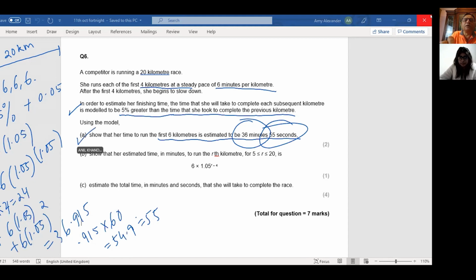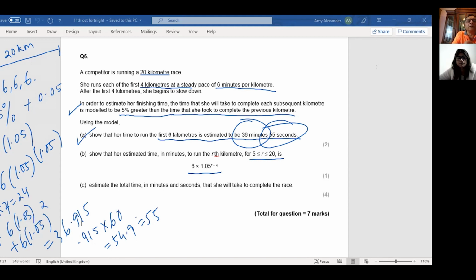Now, can we look into part B? Yeah. Show that her estimated time in minutes to run the Rth kilometer, where R is between 5 and 20, both included, is 6 times 1.05 to the power of R minus 4. Correct. So now let's look into this sequence which we have.